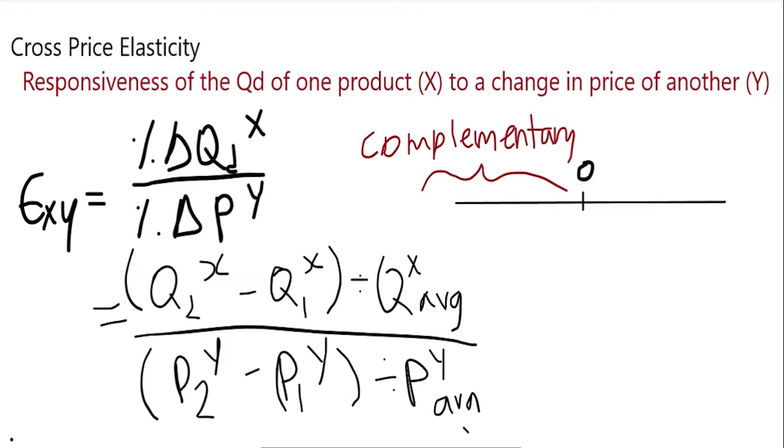So as you can see, the price of good Y is increasing, so that's positive. But the quantity demanded of good X is decreasing, so it's negative. And that's why it is less than 0 and considered a complementary good.